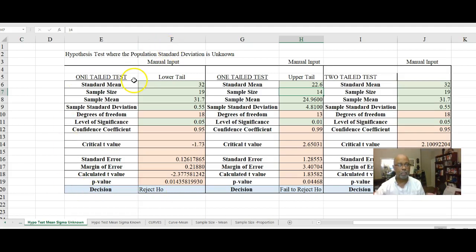So this tool is set up to enable you to do a lower tail test, an upper tail test, or a two-tailed test. Both the lower and the upper tail test are one-tailed tests. And if you look at your diagram, we're looking for a value in the upper tail. We want to know if we are greater than the mean.